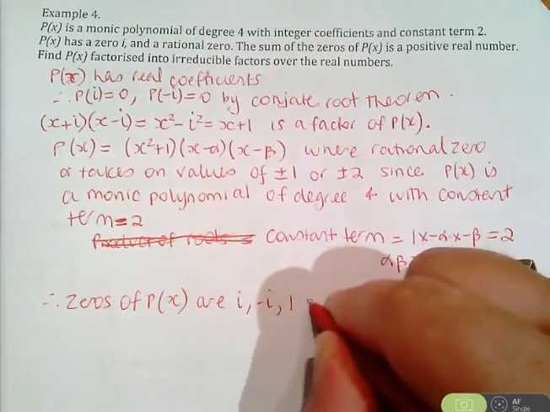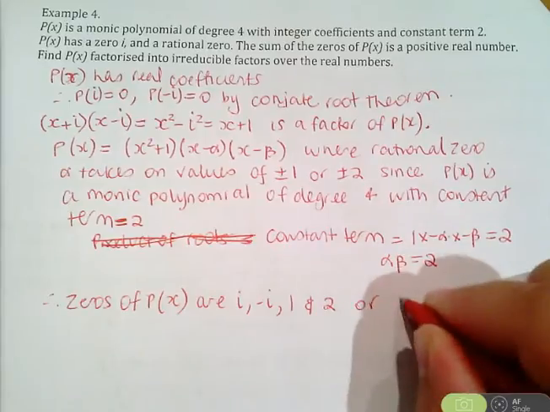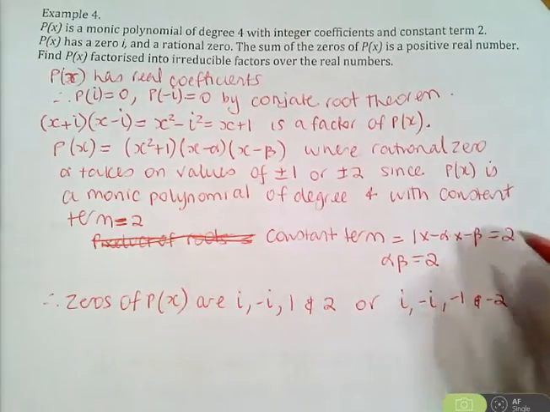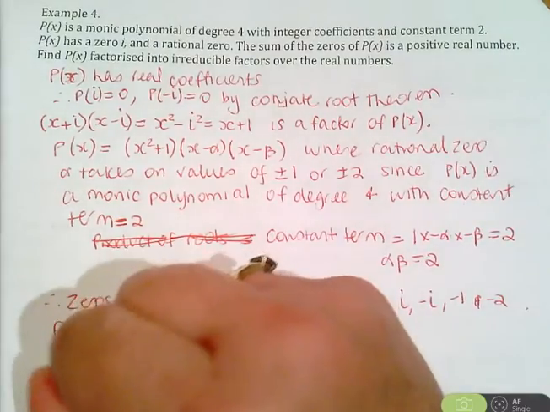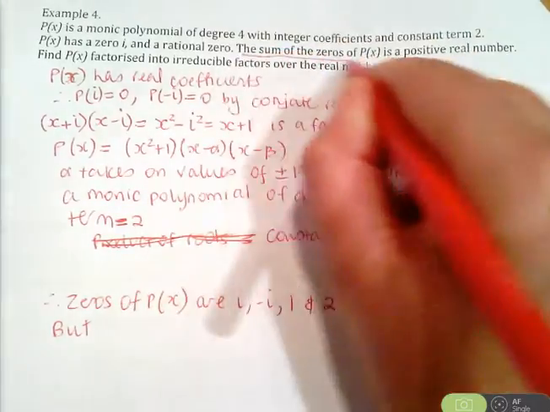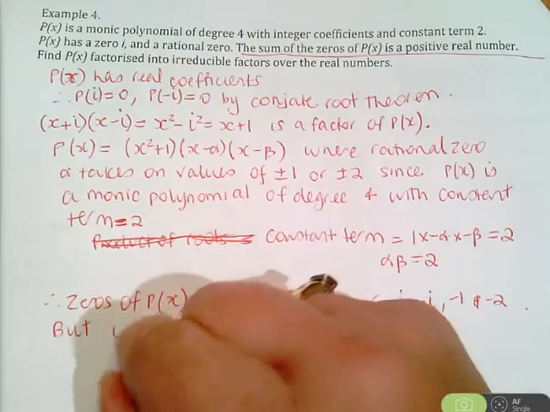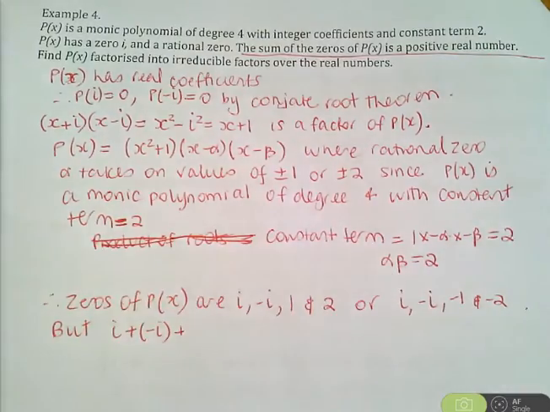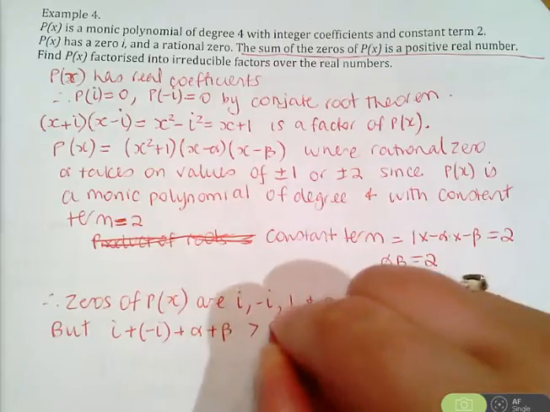We can have 1 and 2, giving alpha times beta is 2, or negative 1 and negative 2, because negative 1 times negative 2 will also give 2. But we're told that the sum of the zeros is a positive real number. So i plus minus i plus the two other roots, alpha plus beta, are greater than 0.